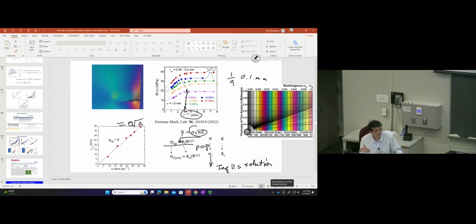So this point is about 100 micron. So by the time you are able to resolve 100 micron and smaller, you start to see the stress saturate.